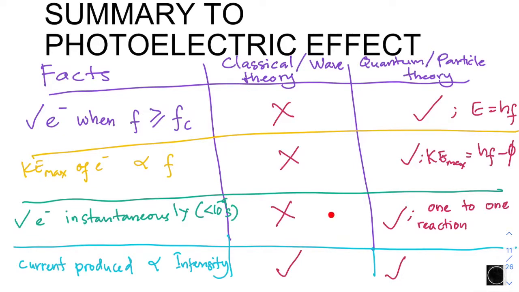That is why quantum or particle theory is needed. So what does particle theory mean? It means that light is treated as a particle, not only a wave. In classical theory, light is treated only as a wave. And as a particle, the energy is a discrete amount. We call this quantization of energy, or the energy being quantized. Alright.